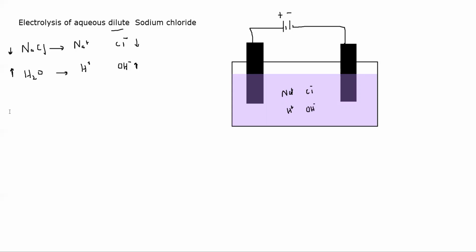For positive ions, what we will do is check reactivity. The less reactive will move towards the cathode.